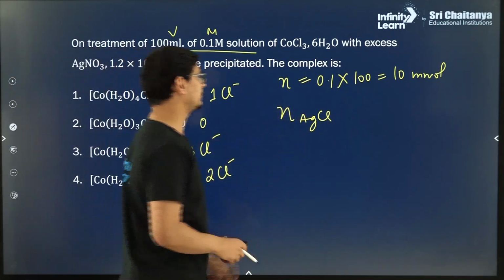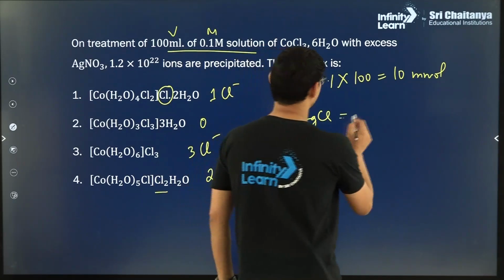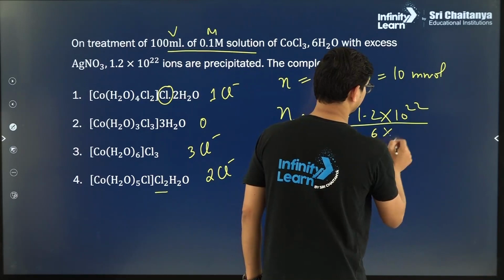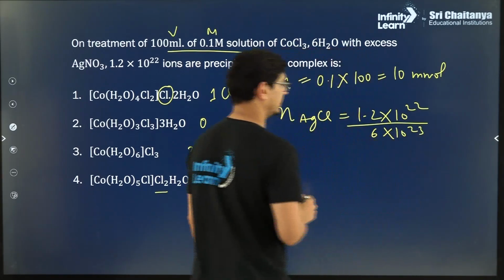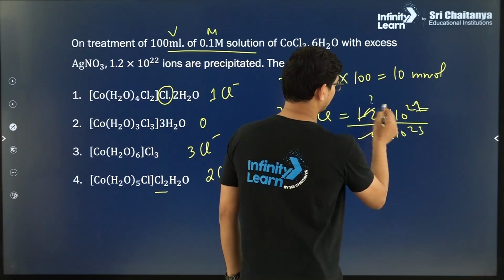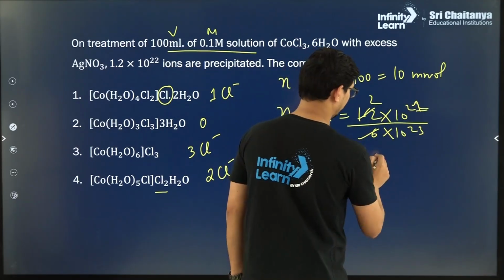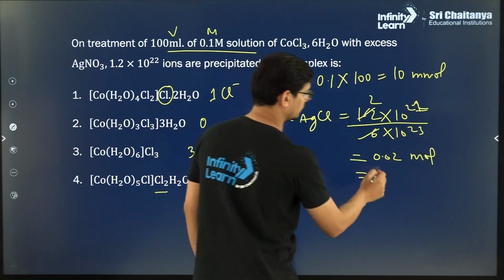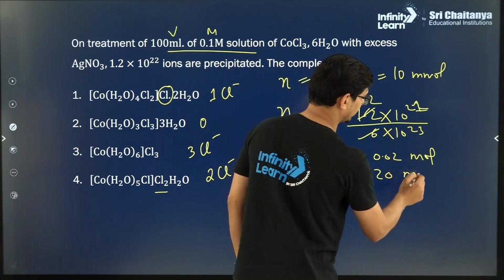So how many moles of AgCl we have is 1.2 into 10 raised to the power 22 divided by Avogadro number 6 into 10 to the power 23. So if I adjust it, then this becomes 0.02 mole, right? Or if I convert to millimole, multiplied by 1000, it is 20 millimole.